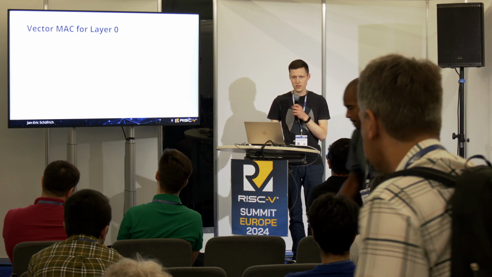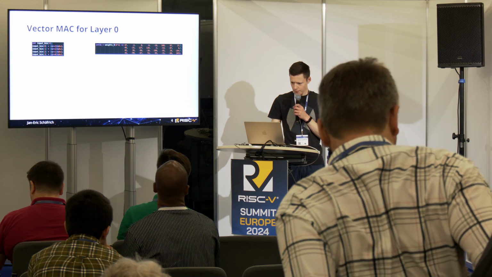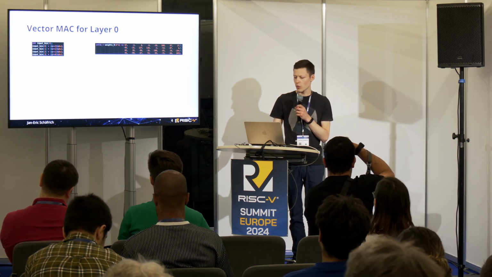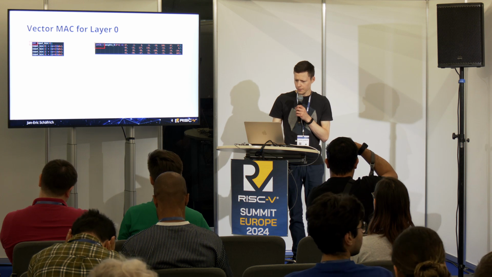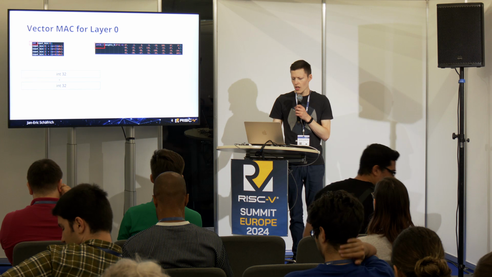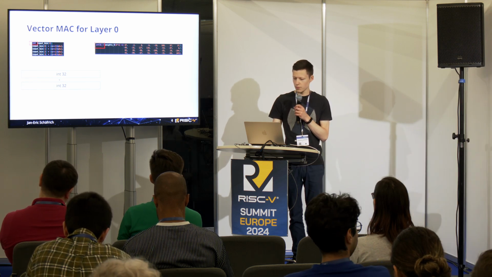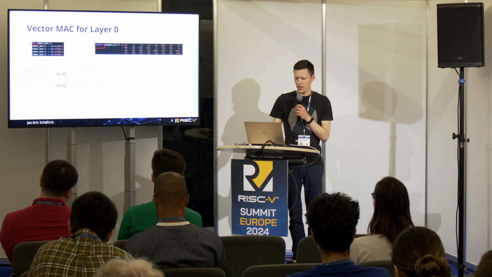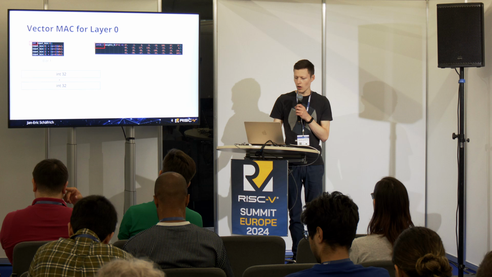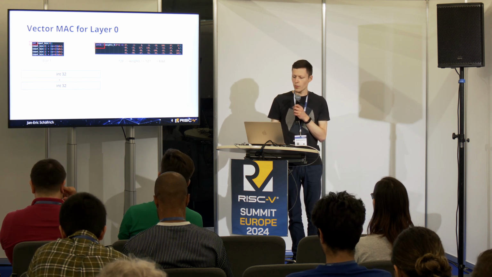vectorize this multiply accumulate operation for layer 1, because if we take a look at the inputs and the weights, we can observe that they right now take up 32 bits for each value. That means we use the whole register for the operations. But actually, the input only needs 1 bit for its representation, and all the weights can be represented by 8 bits.